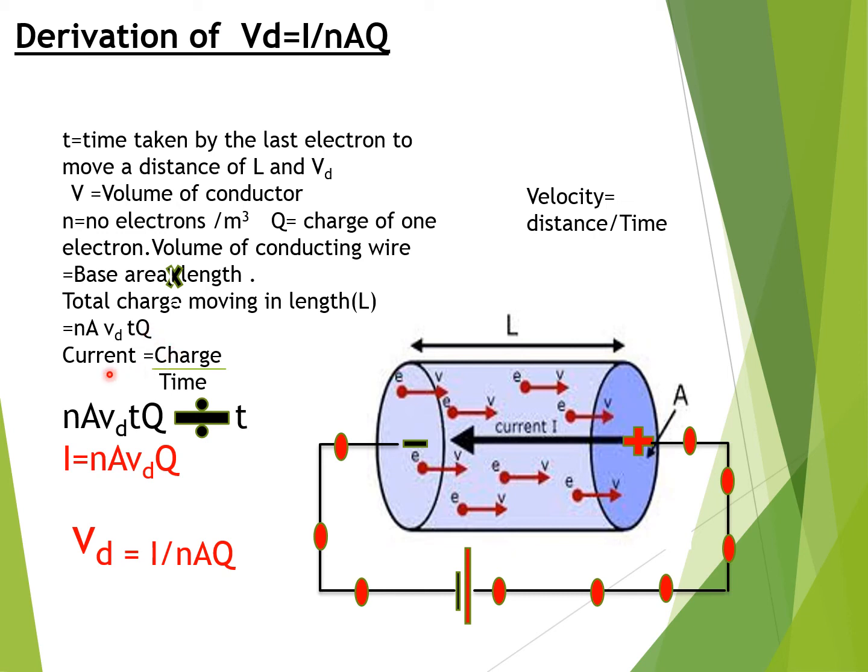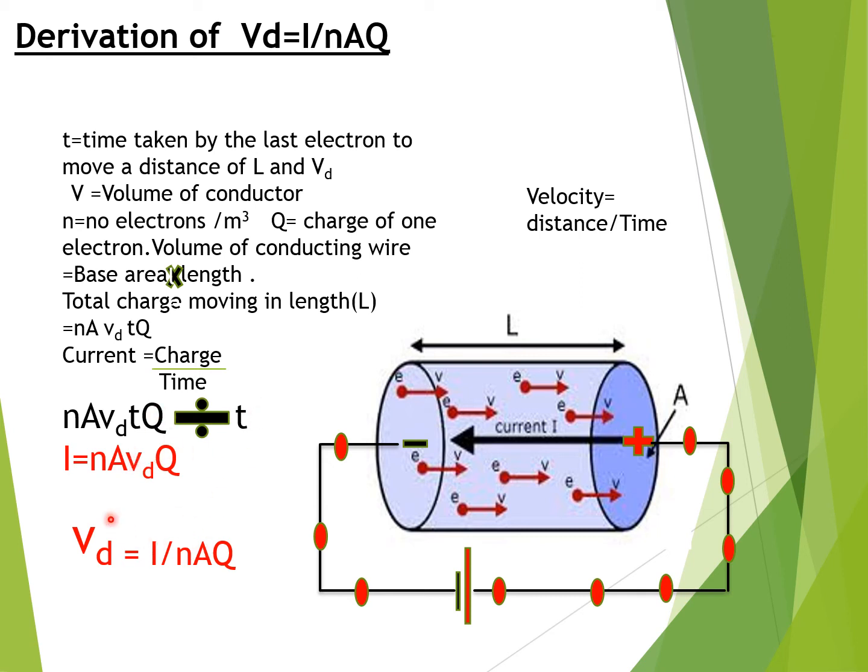Now you know that current is equal to the rate of flow of charge, that is charge upon time. Now when I substitute here, look carefully, the value of charge is equal to N A drift velocity into time taken to travel into charge, divided by time.